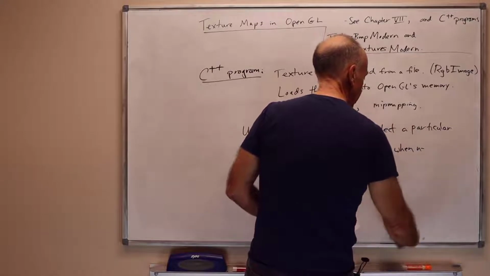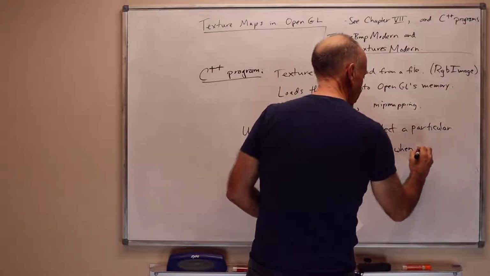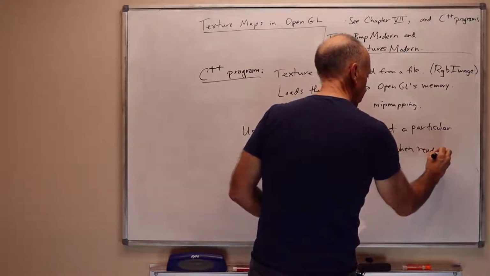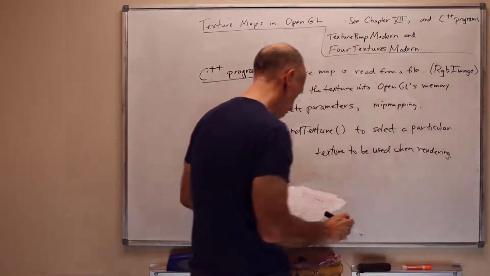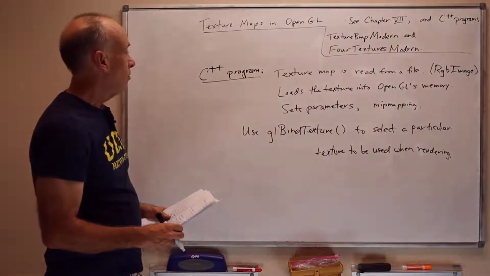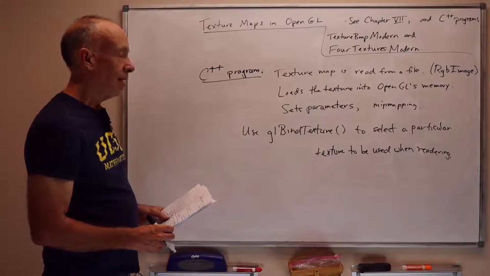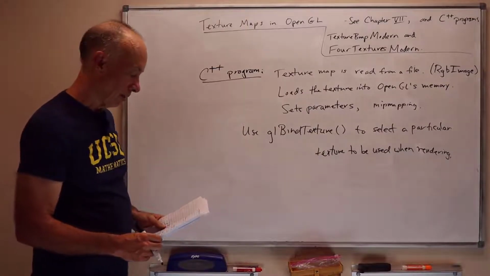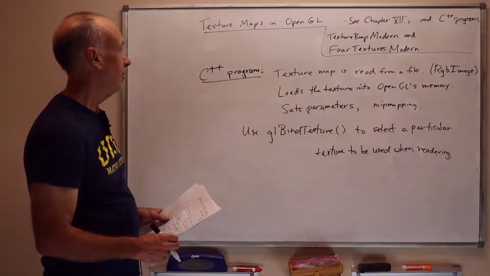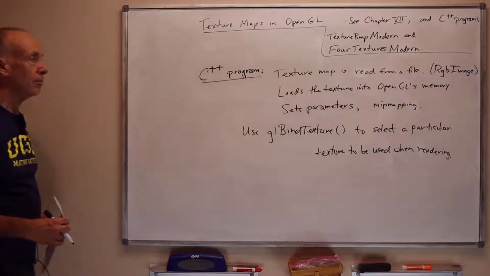There's no reason you couldn't use more than one texture. You certainly could when rendering, but we'll just do examples where you only use one texture at a time. So that's basically the highlights of what the C++ program does. The GLSL program I'll describe on the next board.